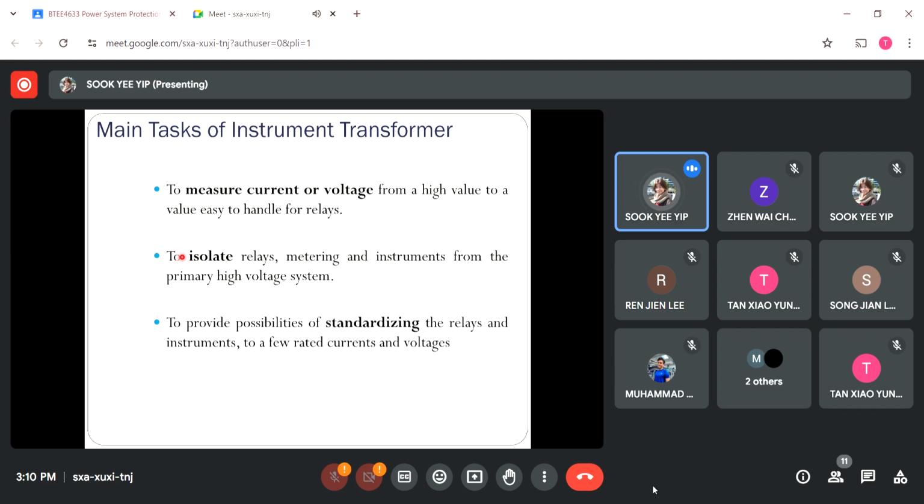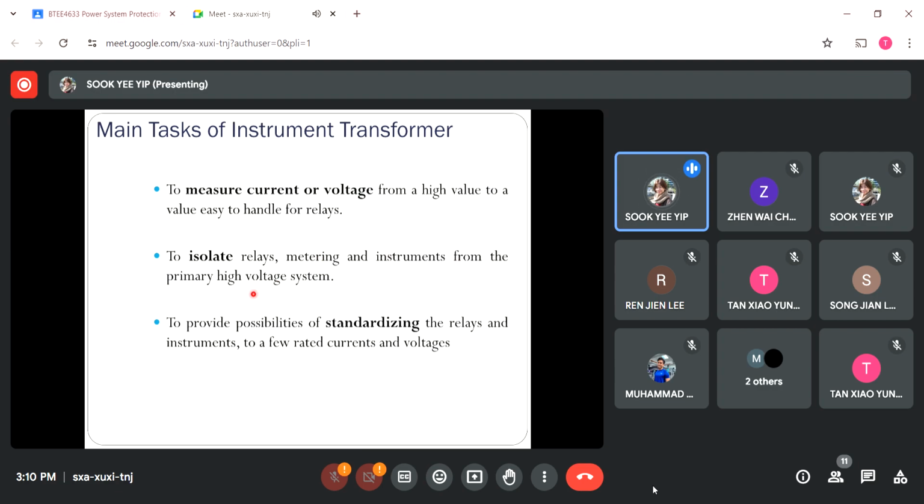And at the same time, it also allows us to have electrical isolation. We know that a transformer is configured with both a primary winding and a secondary winding. The secondary winding will connect to a much lower rating device, for example the relay and the metering, like the ammeter, voltmeter, wattmeters, as well as any instruments.